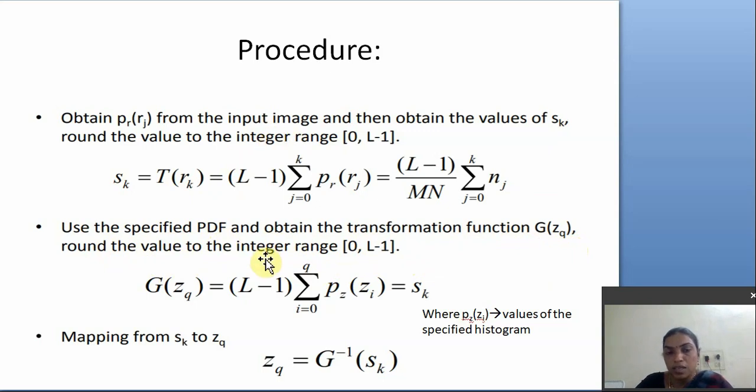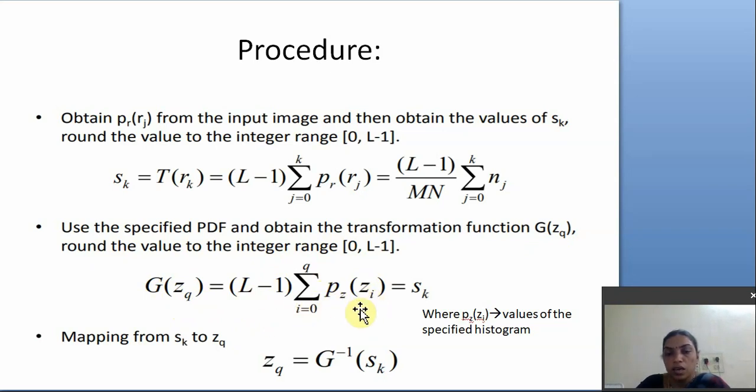Coming to the second step, firstly take the specified histogram or specified probability density function. Then from that specified PDF, obtain the G of ZQ based on this formula: G of ZQ is equal to L minus 1 times the summation of Pz of Zi.